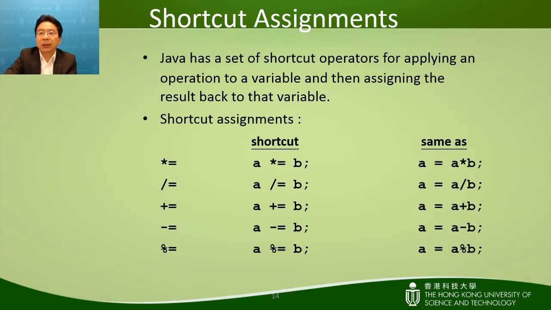Notice that the order of the symbol is important, as there is no corresponding shortcut operator for the reverse order. The meaning of A *= B is exactly the same as A = A * B. The /= operator will divide A by B, and the result would then be assigned to A, and the rest of the operators follow the same principle.